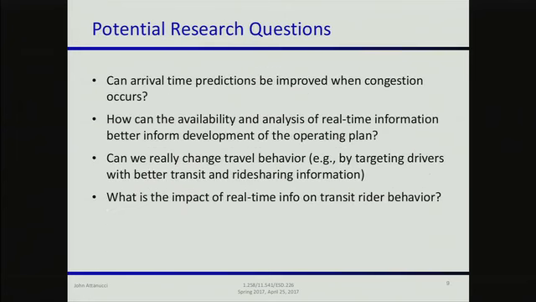So these are potential research questions. I think I talked about the arrival predictions. The second one is important. We do a lot of research in the Translab about this, using the real-time information, both from their vehicles and from customers, much less thus far from customers in a real-time framework.